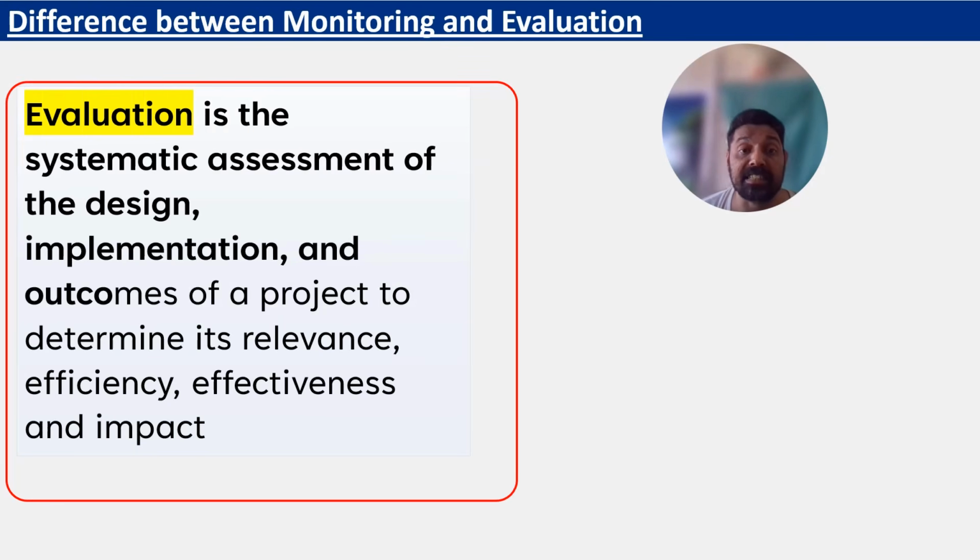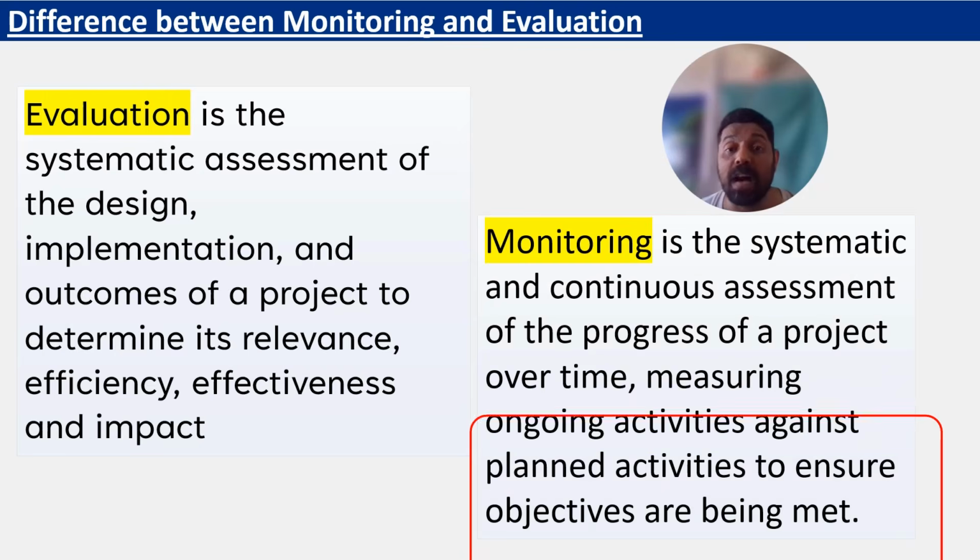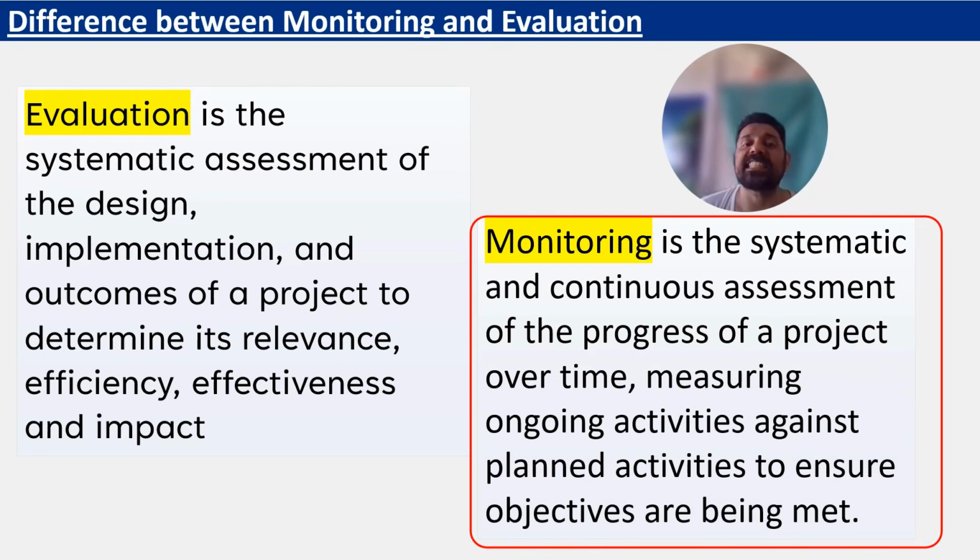Evaluation is the systematic assessment of the design, implementation, and outcome of a project to determine its relevance, efficiency, effectiveness, and impact, while monitoring is the systematic and continuous assessment of the progress of a project over time.